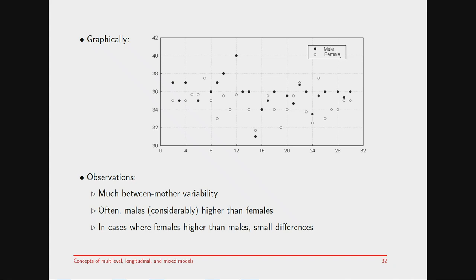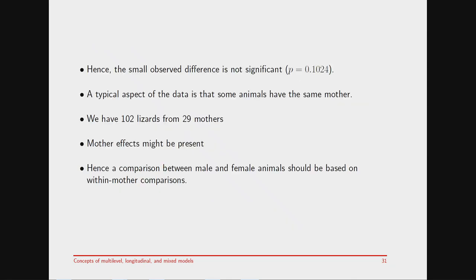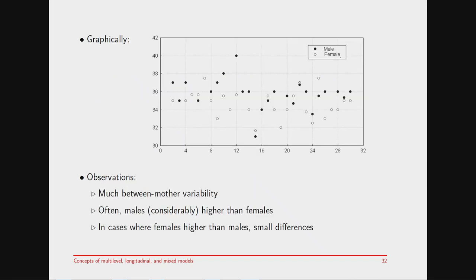What you see here on the x-axis is the number of the mother animal, and we have in total 29 mothers, but it starts here at 2 and goes all the way to 28, 29, 30. So that's the 29 that we have, so not all the numbers are present here.